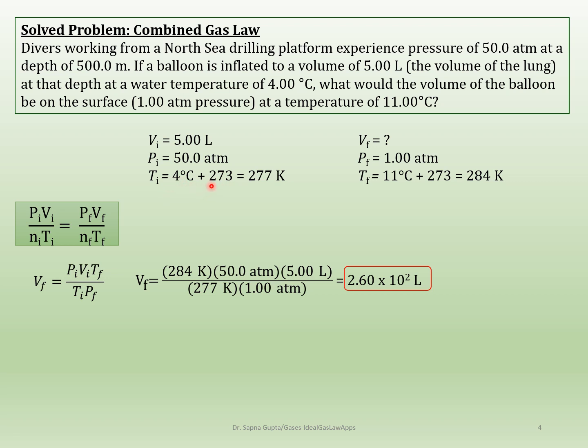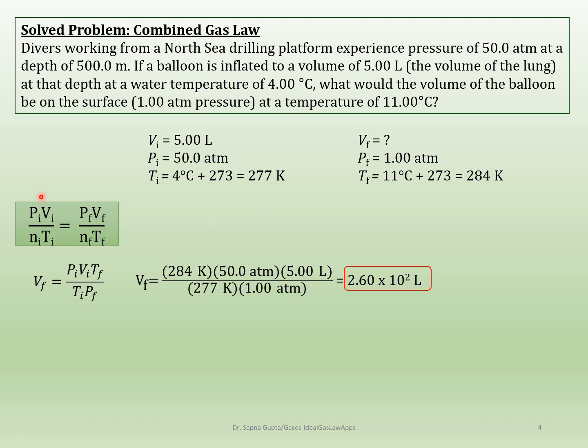So 4, immediately go ahead and convert it to Kelvin because you don't want to forget that. And then you figure out your finals also. The pressure final is at 1 atmosphere and the temperature is 11 plus the 273, to give you the Kelvin. And you're calculating the final volume of the balloon.